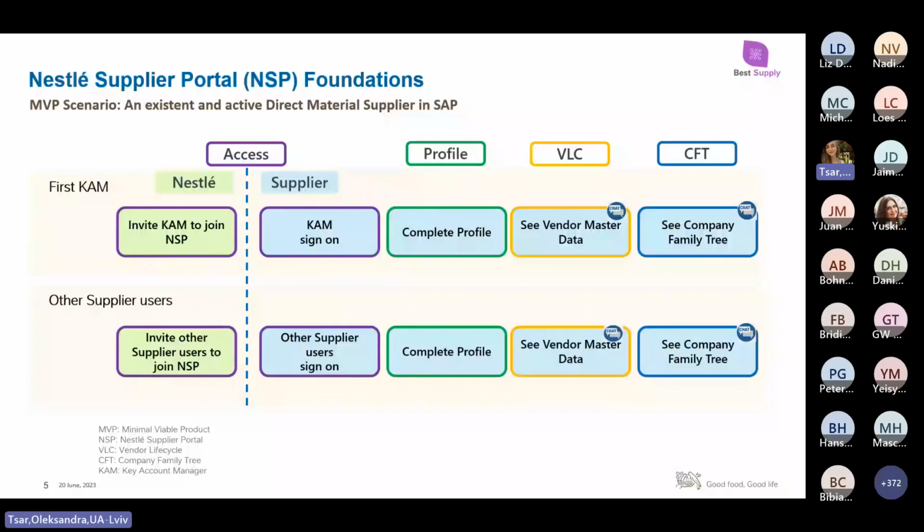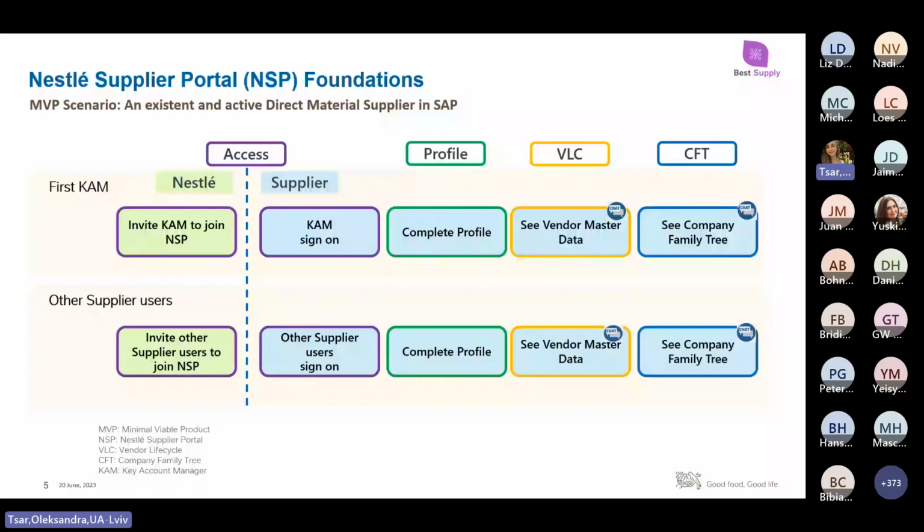So a key account manager inside the portal could put in some basic information such as a name and an email, and trigger a proposed invitation to the portal. This will then generate a notification for people within Nestle. We will review and approve it.